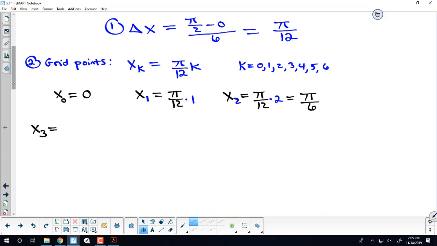X sub 3 is pi over 12 times 3, and that's equal to pi over 4. X sub 4 is pi over 12 times 4, which is pi over 3.